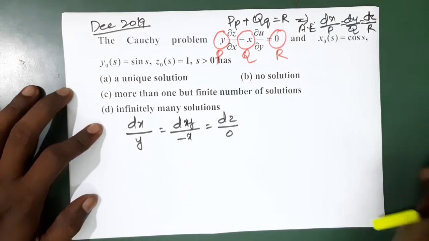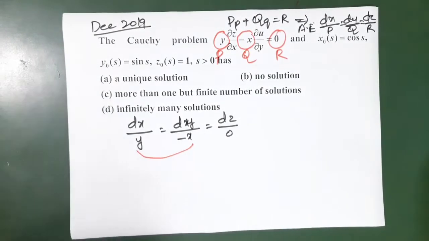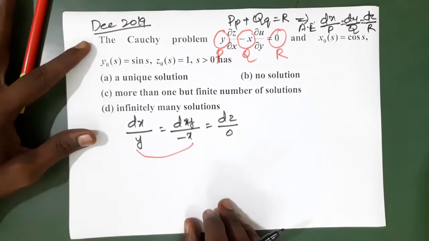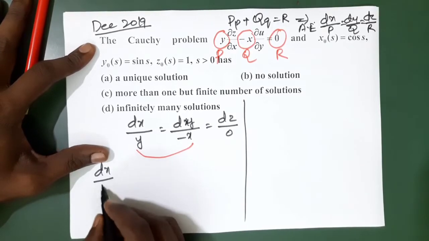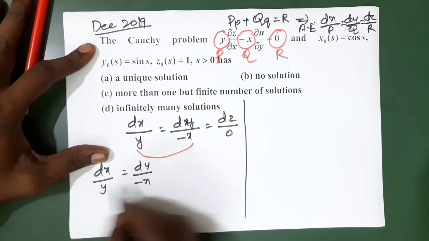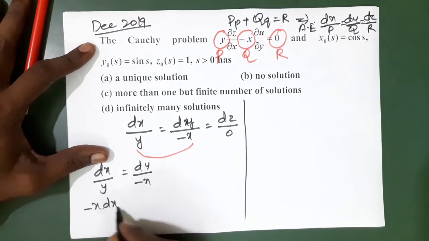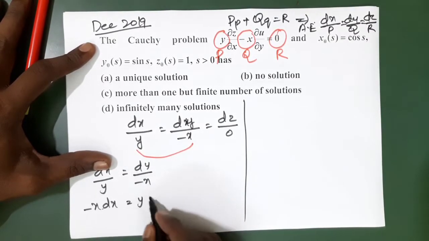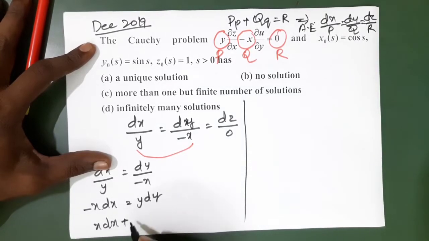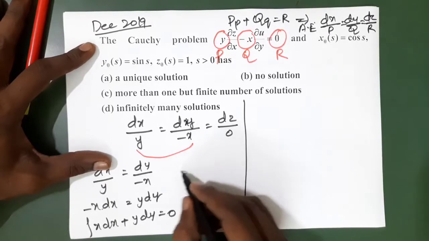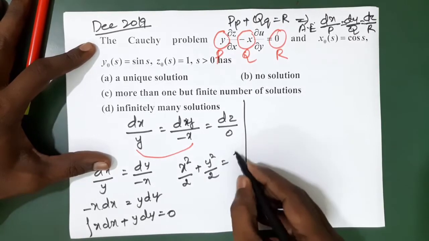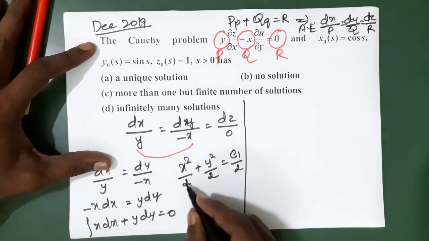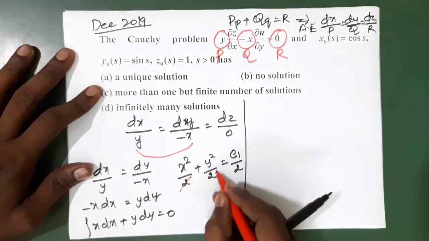In the method of grouping, first we combine the first and second terms. So what we have? dx by y is equal to dy by minus x. Cross multiply it. So minus x dx is equal to y dy, or x dx plus y dy is equal to 0. So integrate this. So we have x square by 2 plus y square by 2 is equal to constant. Cancel the 2.